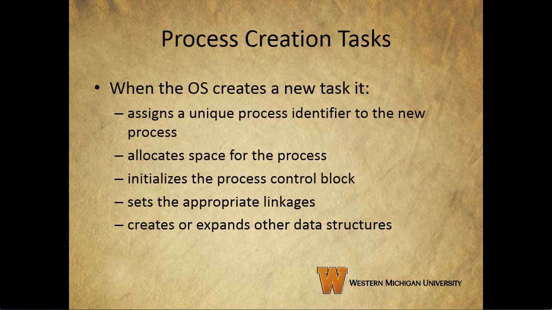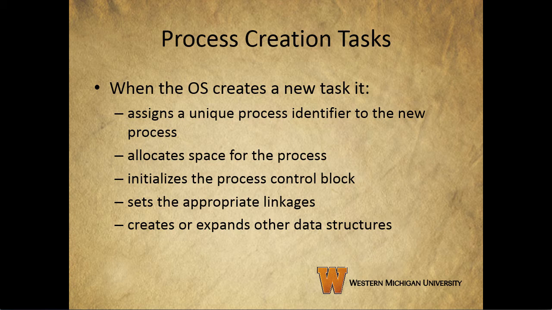So let's talk about what the operating system does to create a new process. The good news is we've covered most of this in our previous videos, so we'll just quickly go through the list. It assigns a unique process identifier to the new process, allocates memory space for the process, initializes the process control block, sets the appropriate linkages, and what we're talking about there is if the operating system maintains linked lists corresponding to the states in the 5-state process diagram, it would add the linkages to put the process into the appropriate list, ready, running, or blocked, and creates or expands any other data structures that the operating system might use to keep track of its processes.